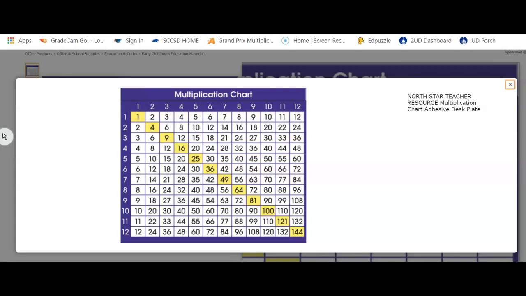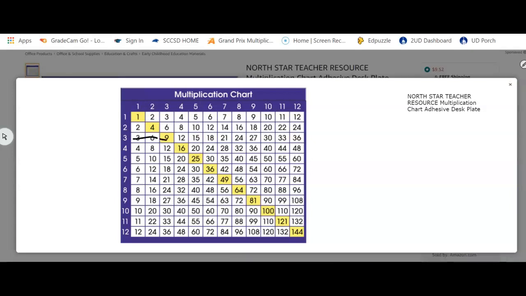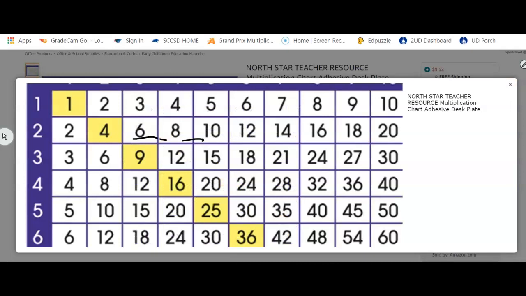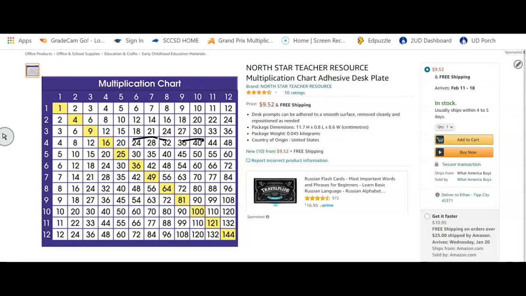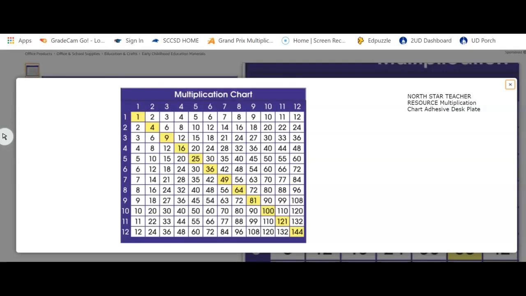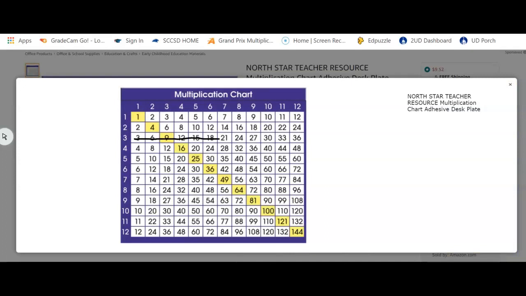I'm going to draw my arrow across until I hit 24. So 3 and 8 are factors. 4.